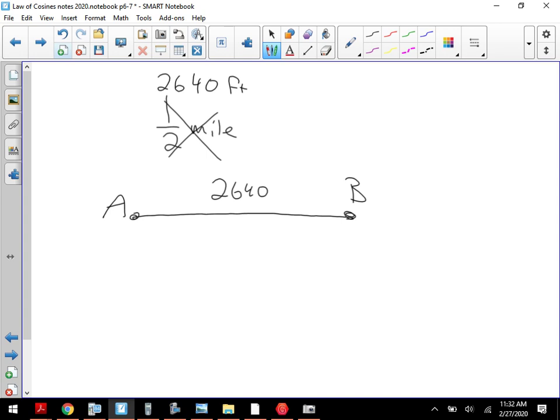And that gives you two angles to point C, doesn't it? Angle A and angle B. Where do you need to put angle C? Can it be at the top? Can it be at the bottom? Does it matter? It doesn't matter. Fill in the rest.